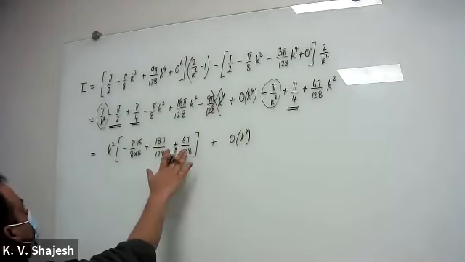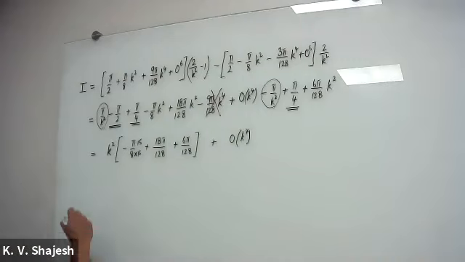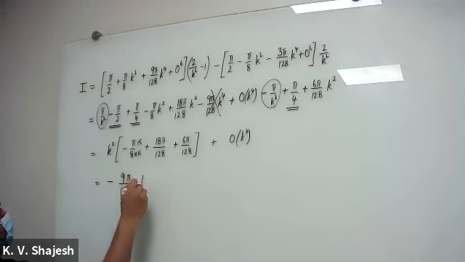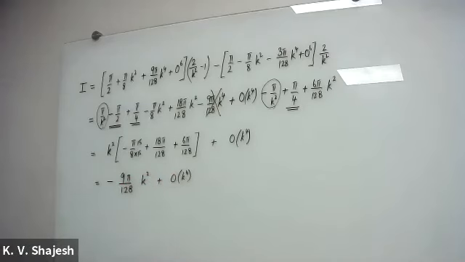So 8 plus 6 is 24, 24 minus 16, that's 8.